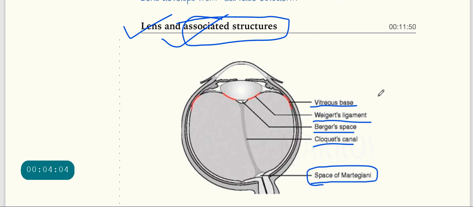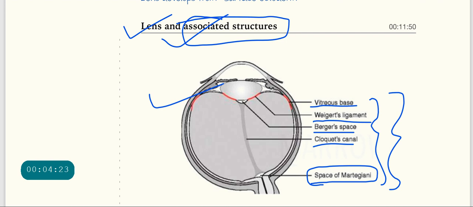These are the associated structures that you see posterior to or near the lens. All these structures have been marked in red. Now we'll look at them individually.